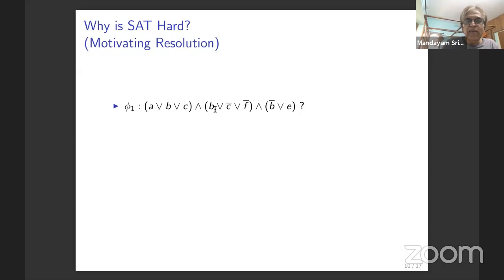C appears with both polarities, whereas F appears with a single polarity, and so does E. If every clause has at least one such literal, then you can always make each of those clauses true without impacting the truth or falsity of any of the other clauses.